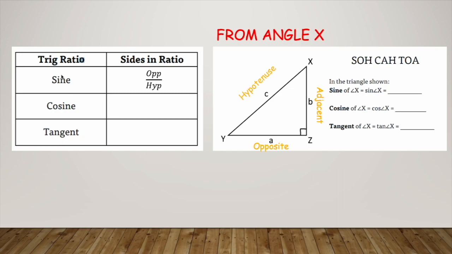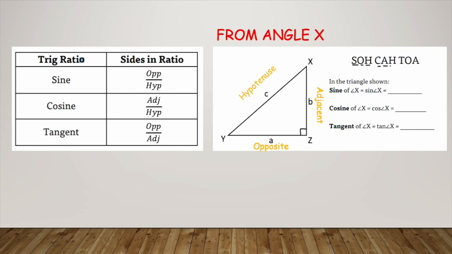If you were to take the opposite over the hypotenuse, that is going to be called the sine. The cosine is going to be the adjacent over the hypotenuse, and the tangent is going to be the opposite over the adjacent. And one mnemonic device that gets used for this is SOHCAHTOA. SOHCAHTOA means sine is the opposite over the hypotenuse.